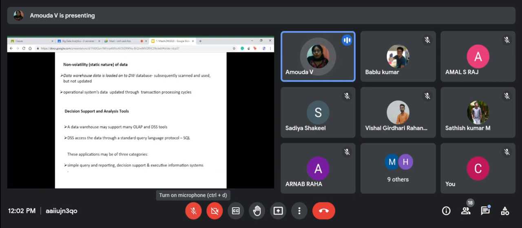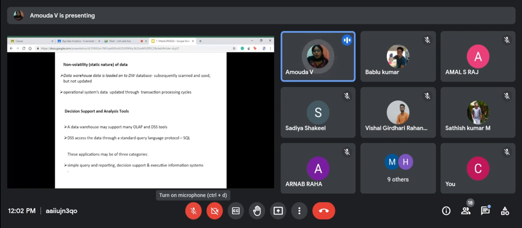Actually, to be very frank, the data warehouse will access the data only through a database inside the data warehouse, and it will have a standard query language protocol. SQL is the standard query language they are following. So you have to use the standard query language, not just whatever you like.